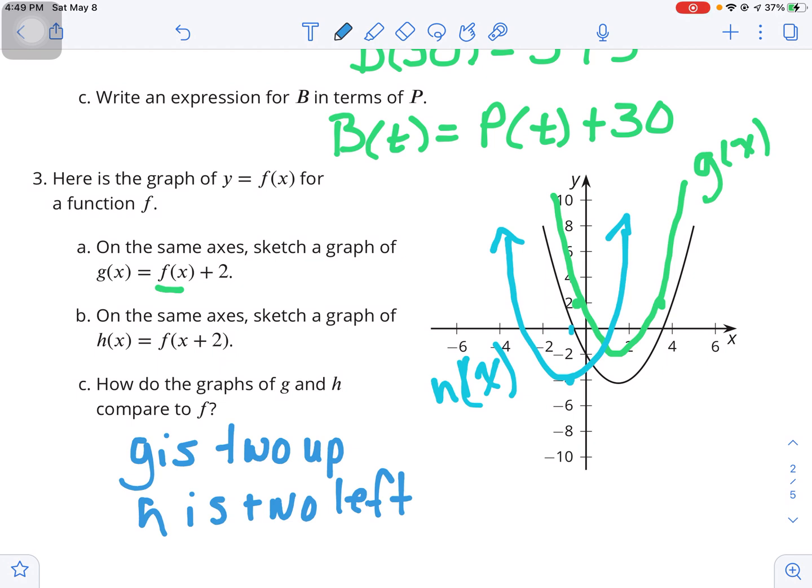So if f of x is at negative 2 here, h of x is at negative 2 units before that. So you would have to write x plus 2 there.